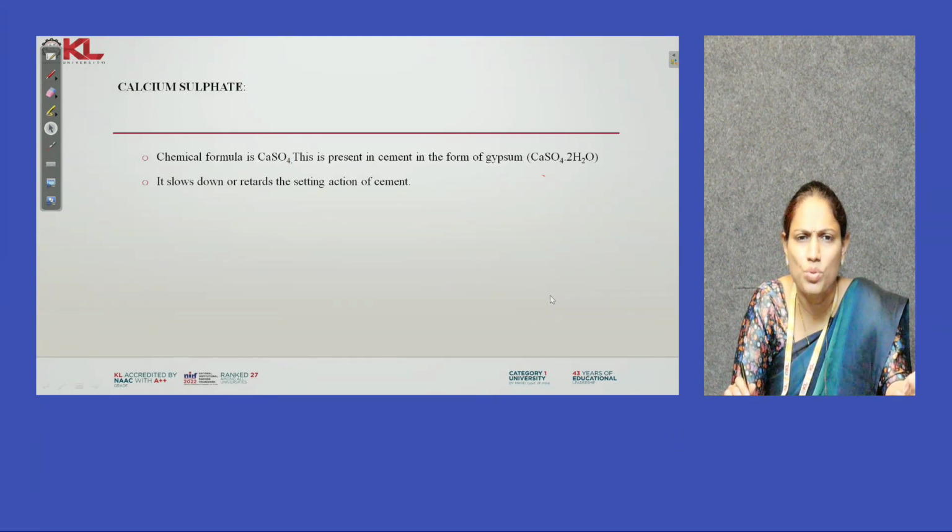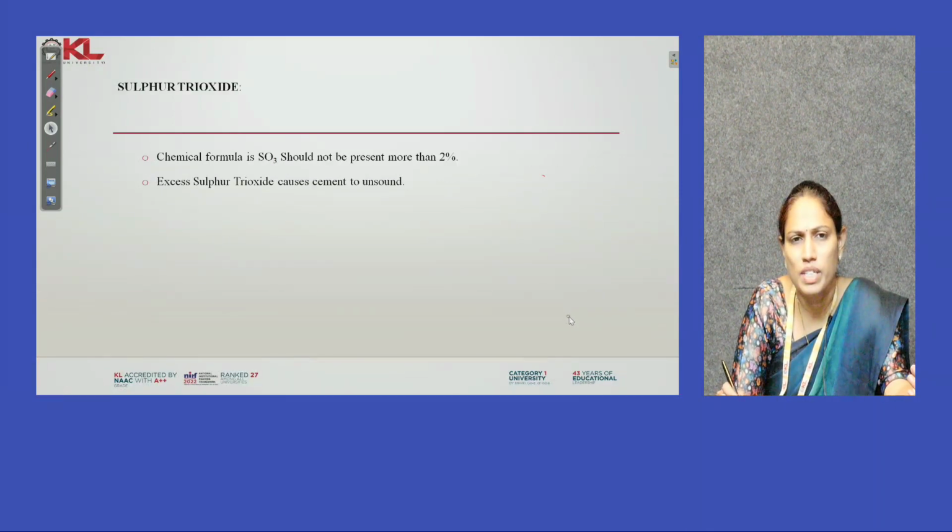Calcium sulfate is used to slow down or retard the setting action of cement. If you need more time to set the concrete or cement, we use calcium sulfate to extend the setting time.